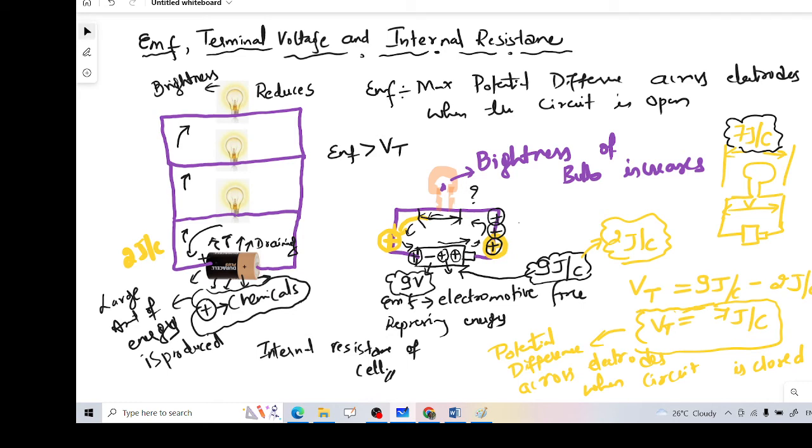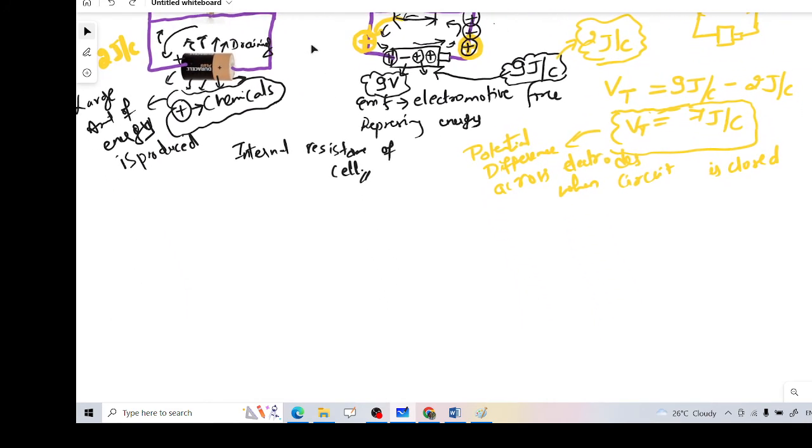And here, how to put all these in a mathematical form. We know VT is the terminal voltage. So from this, I can write 9 joule per coulomb, which is present in the battery; that we are calling the EMF of the battery.